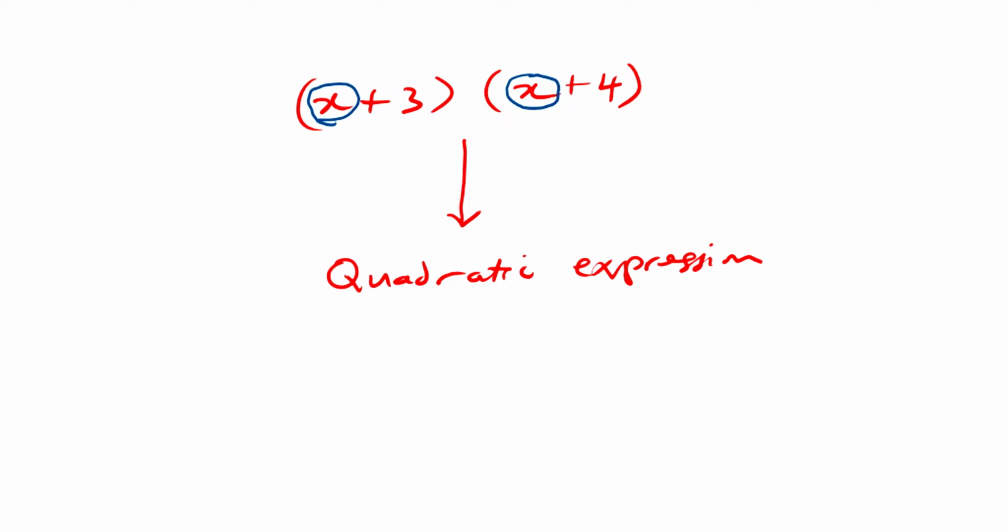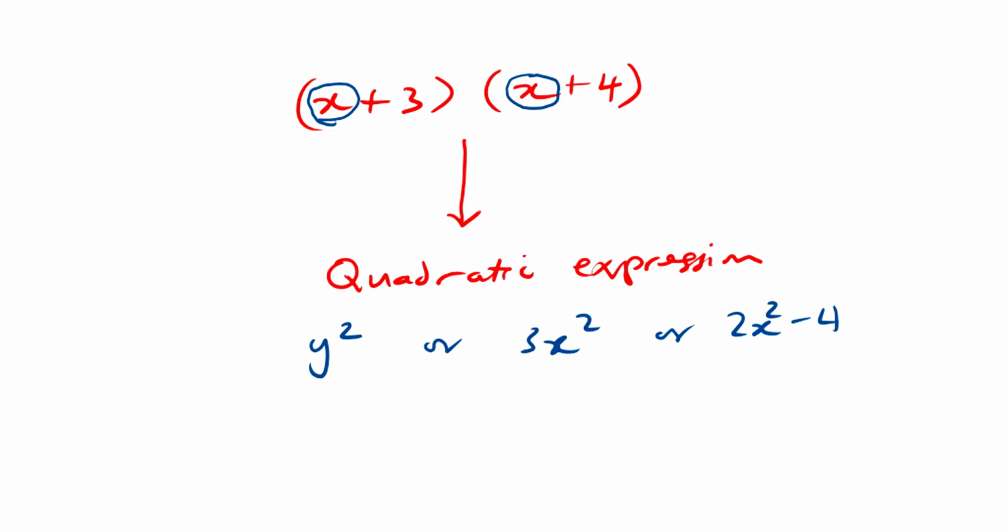And in maths, quadratic expression simply means an algebraic expression where a variable has a highest power of 2. So we scan through the expression, we look at all the variables, and any variable with a power of 2 makes it a quadratic expression. So a quadratic expression can be as simple as y squared or 3s squared or 2s squared minus 4.